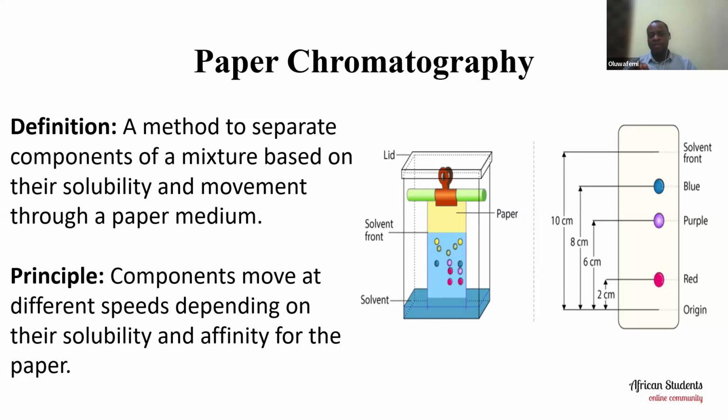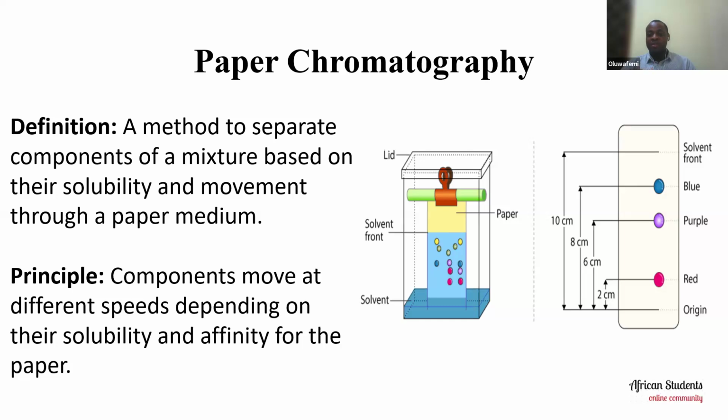You have the paper spotted with the different substances that you want to separate out. After you have spotted it, you look for a suitable solvent that you use to elute the substances on the paper.